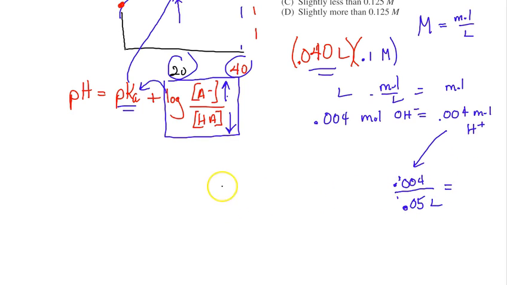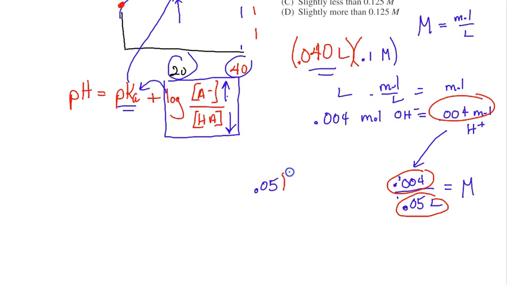What I'm doing here is finding the molarity, the moles over the liters of the acid. I know the moles of the acid because they have to equal the moles of the base at the equivalence point. So now I'm going to do some math longhand, 0.004 divided by 0.05, and using our basic skills here, what do I get? Well, 8, I'm going to have to go with 0 here.